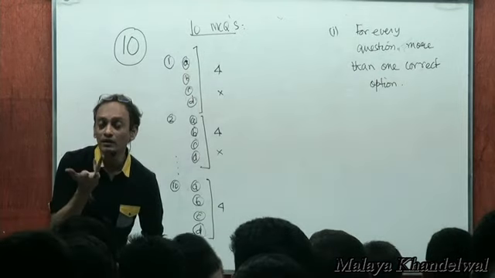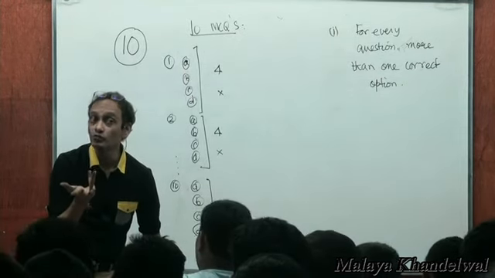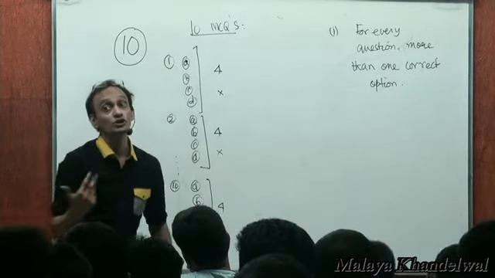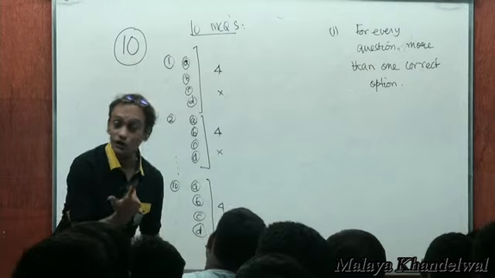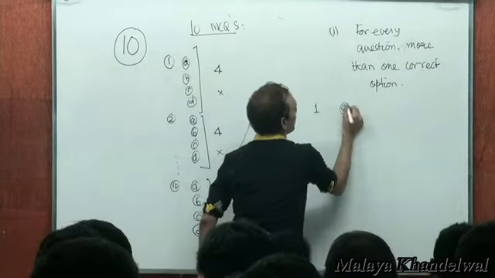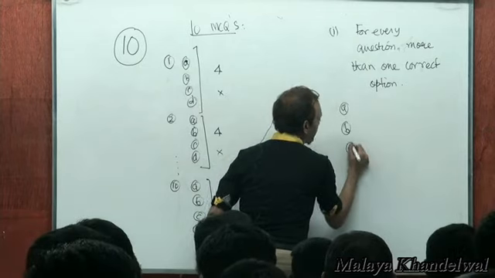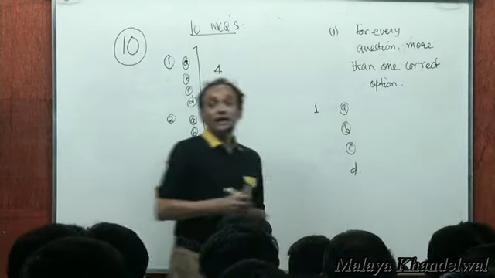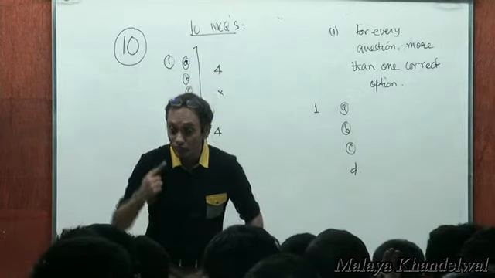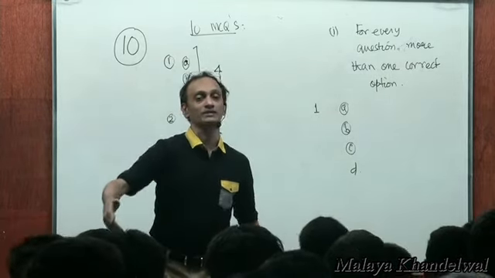If more than one option is right, let's examine the number of ways in which a certain question could be answered. For example, question 1, which is A, B, C, D. Let's see how many sets of answers could be produced for question 1 if multiple options could be correct.